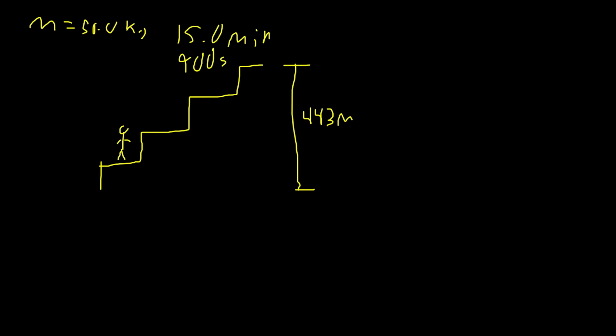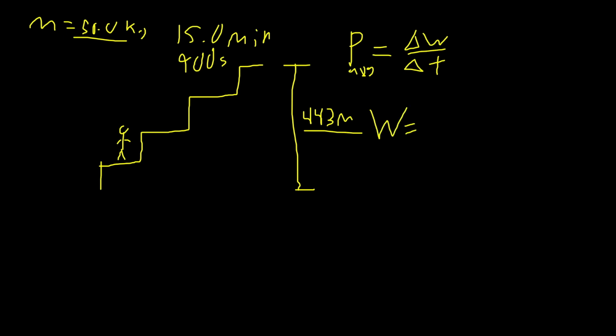So we have a mass, and average power equals the change of work over the change of time. We have the time, we don't have the work, but we can most likely find it.